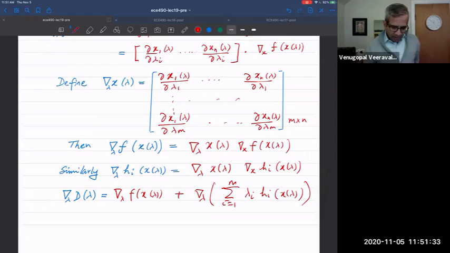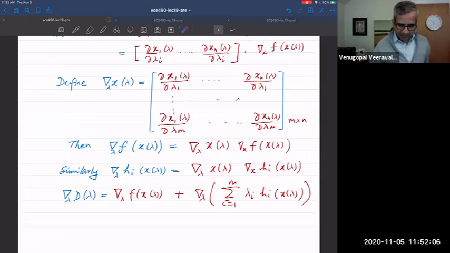Now, the gradient with respect to lambda of f of x lambda we got here, and the gradient of each of these components we also computed. But when you take the gradient with respect to lambda of this summation, you have to break it up into two parts. One, you take the gradient with respect to this lambda vector that's multiplying here, fixing this guy. So that'll just give me the vector h of x lambda. And then I take the gradient with respect to the other components using this formula.